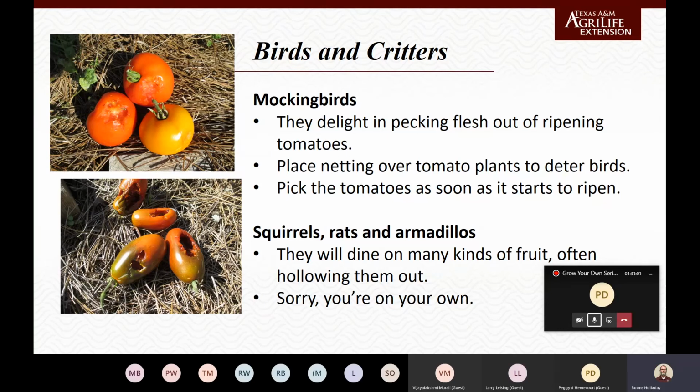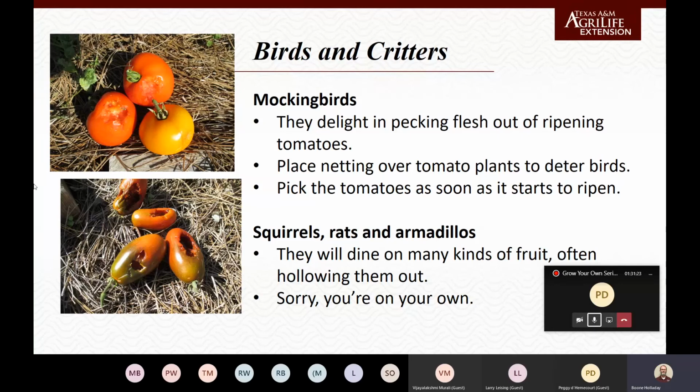For birds, depending on how bad they are, we may want to think of some netting or just harvesting early. You know, when the fruits start to turn color, harvest those and let them finish maturing off of the plant, because once they turn fully ripe and red, they're very attractive to birds.